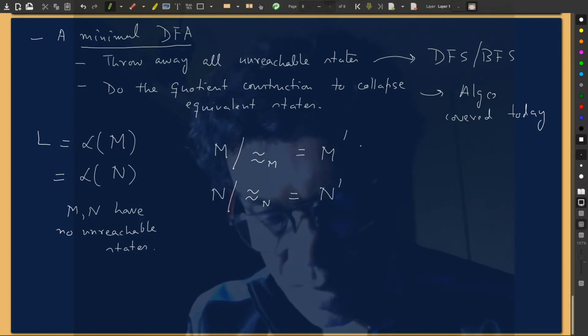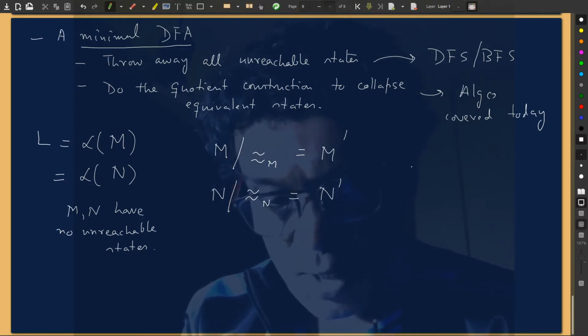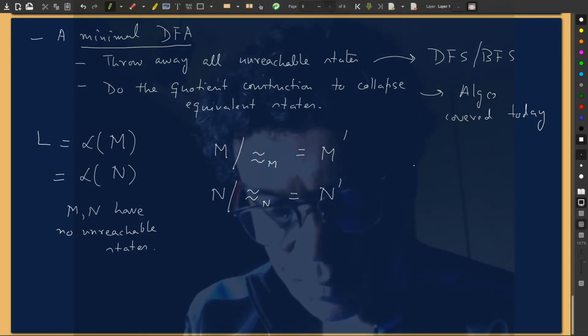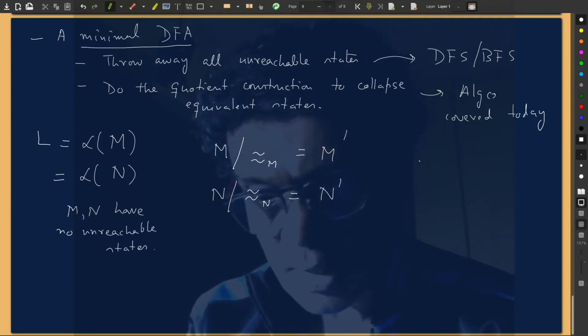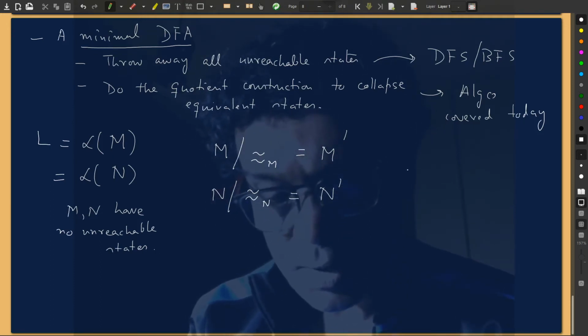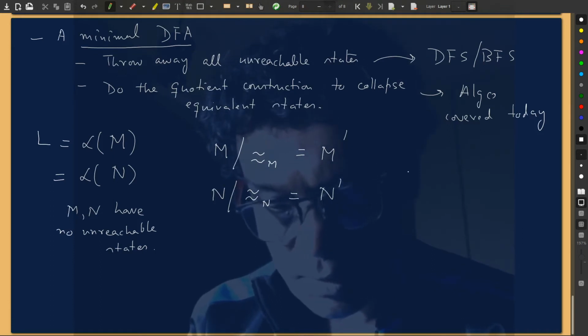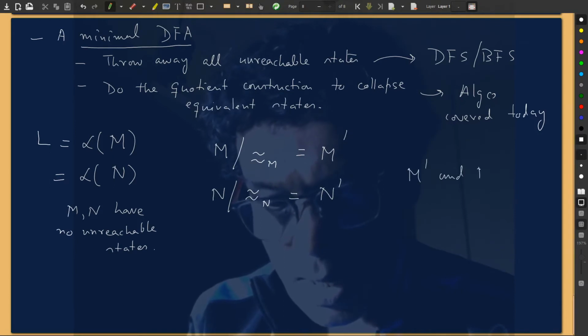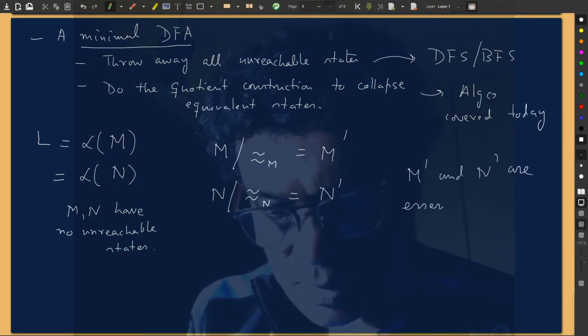Okay. So what is the relation between M prime and N prime? We will now see in the next two classes that M prime and N prime are essentially the same machine.